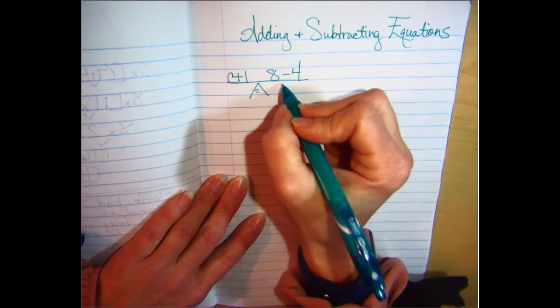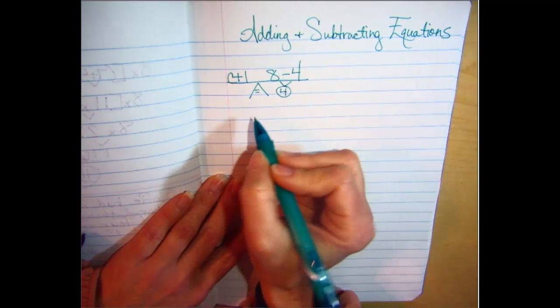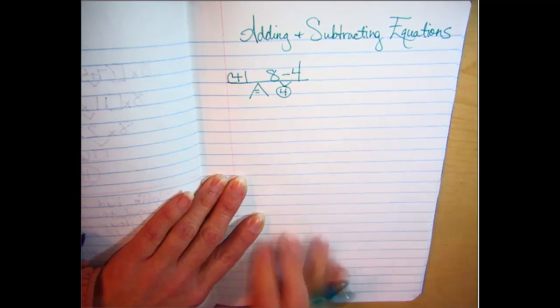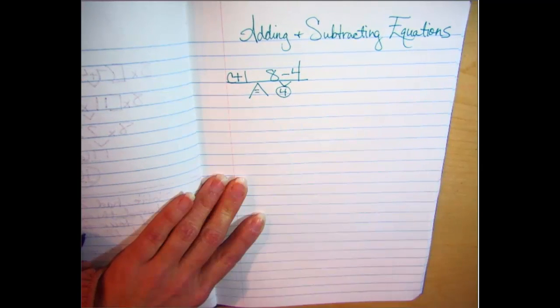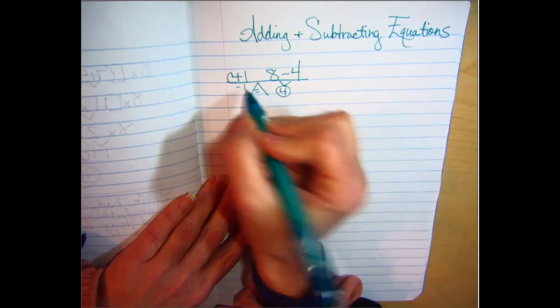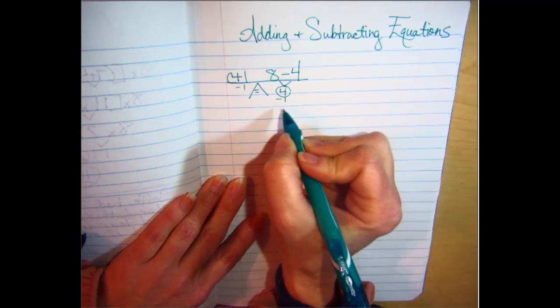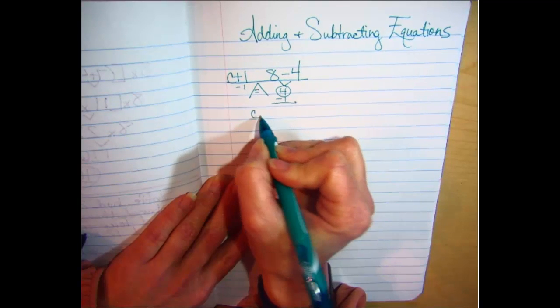Good. So that means when I take care of this, this side is going to be worth 4. Now, you guys, because we're using really small numbers, right now you want to yell out, C is 3, because you know 3 plus 1 equals 4. But when you're doing it that way, we're actually subtracting 1 from both sides, and 4 minus 1 is 3.